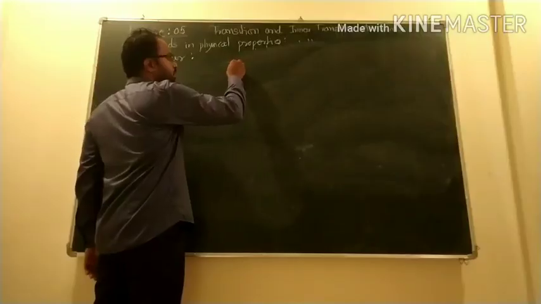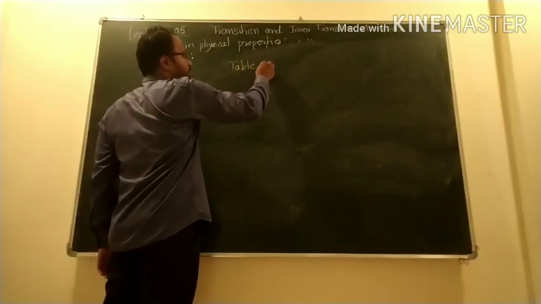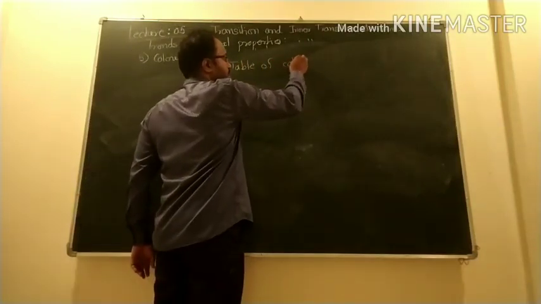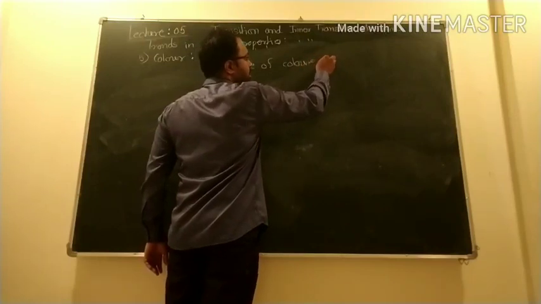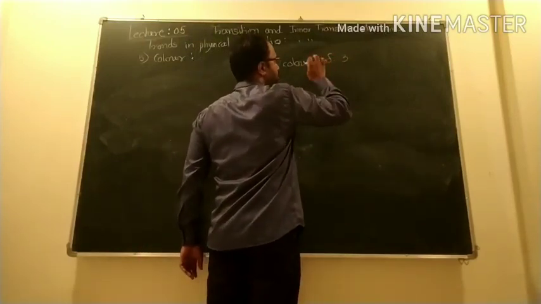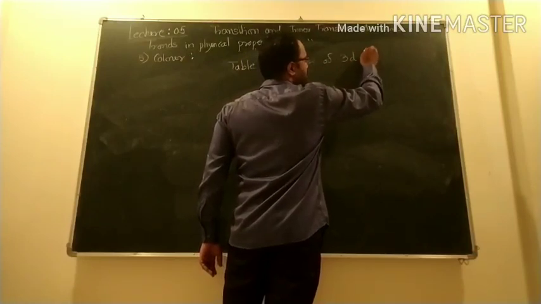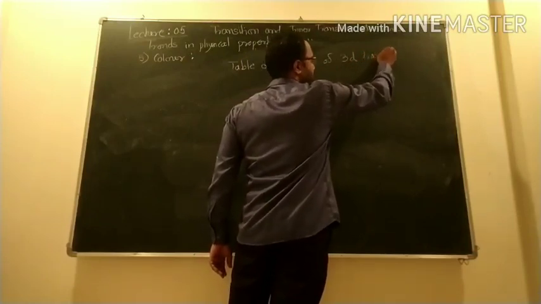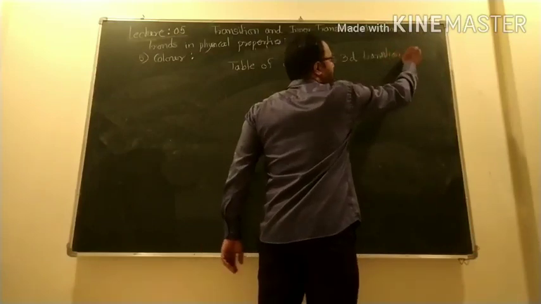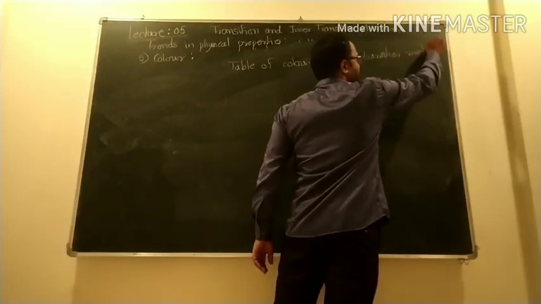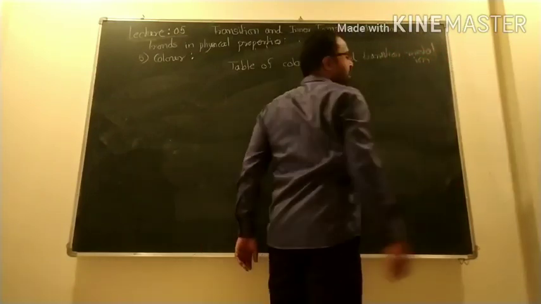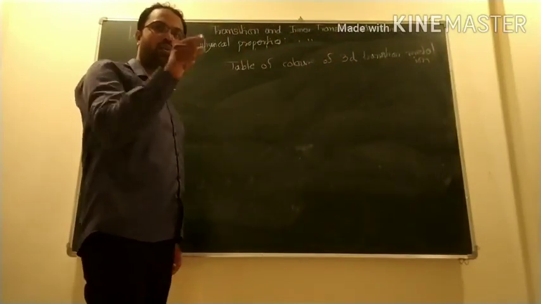Next, the table of color of 3d transition metal ions, because metals have no color but ions have color.